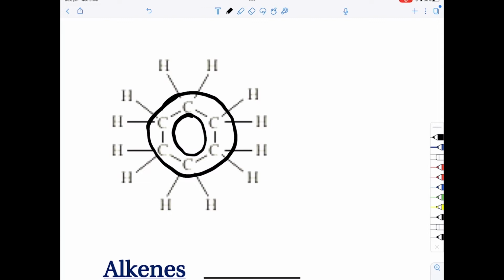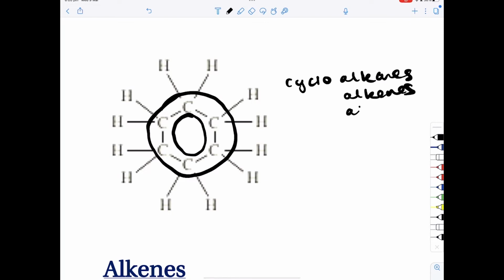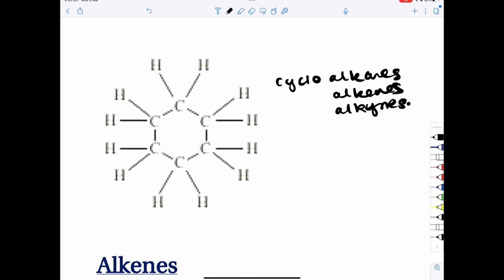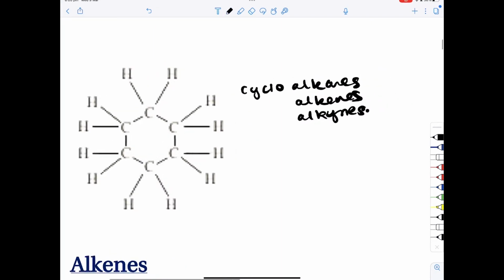And just like alkanes, we have 3 homologous series of cyclic hydrocarbons: your cycloalkanes, your cycloalkenes, and your cycloalkynes, just like your linear family. The only difference is that their formula and naming are slightly different.